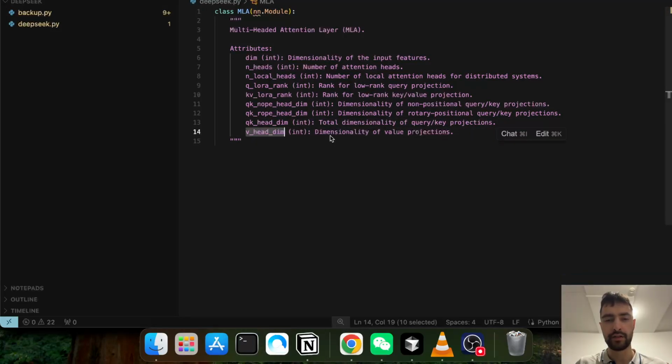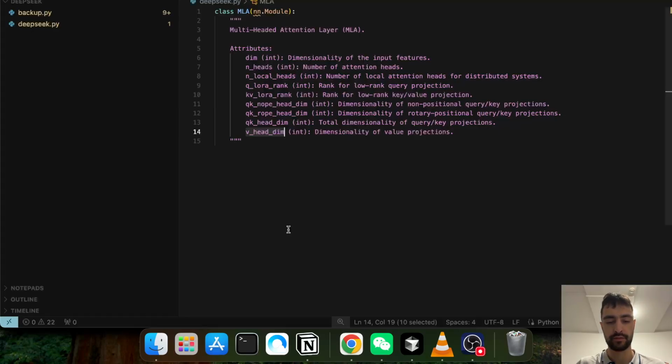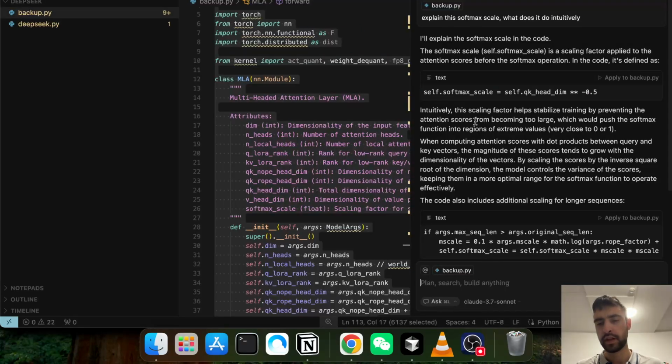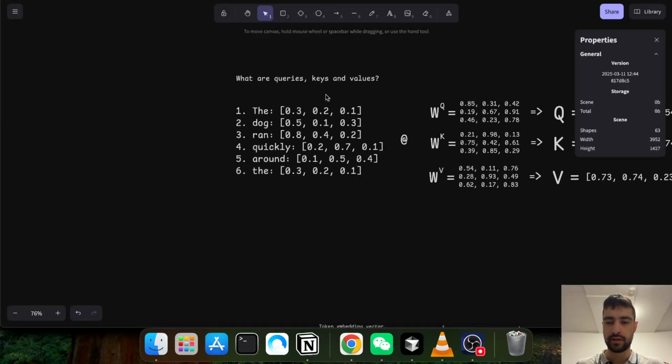Value head dimension is just the dimension of one head for value. Softmax scale in the code is defined as 1 over square root of the query key head dimension. This is in the formula, and it helps stabilize.